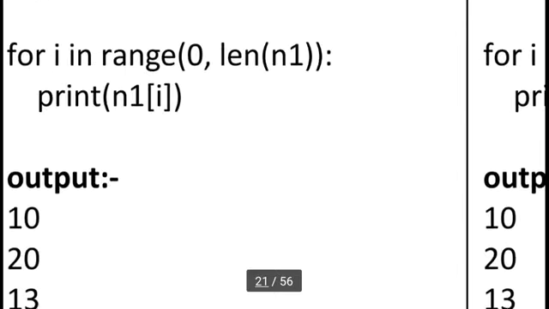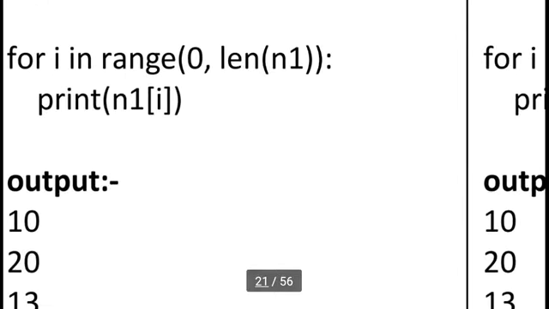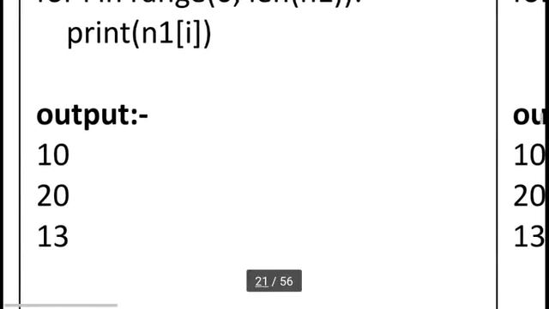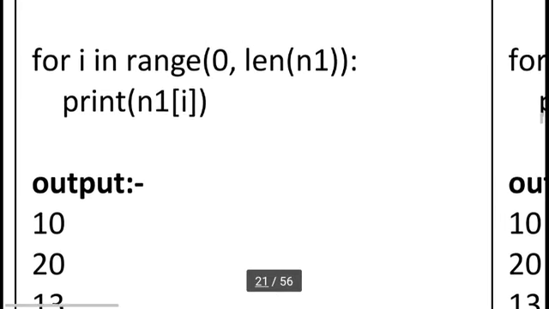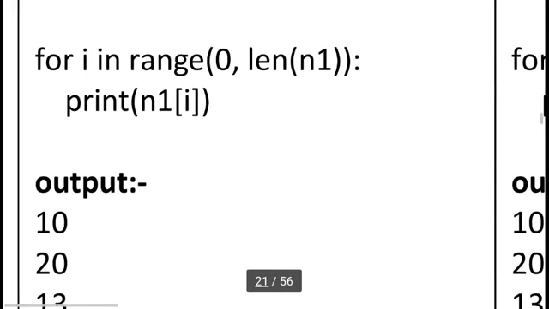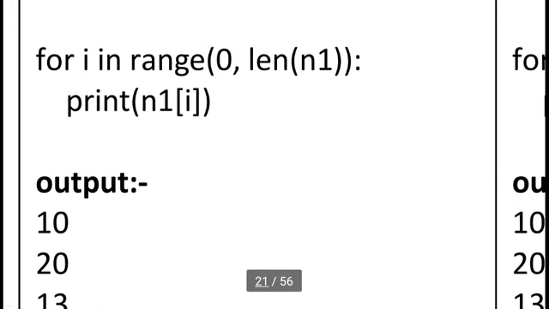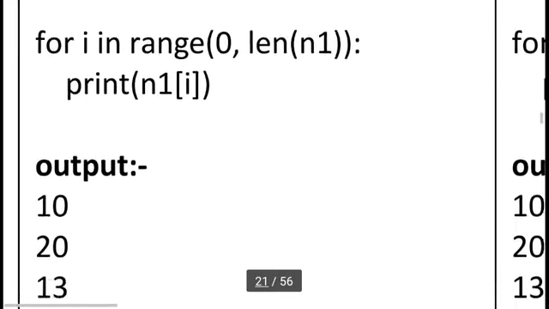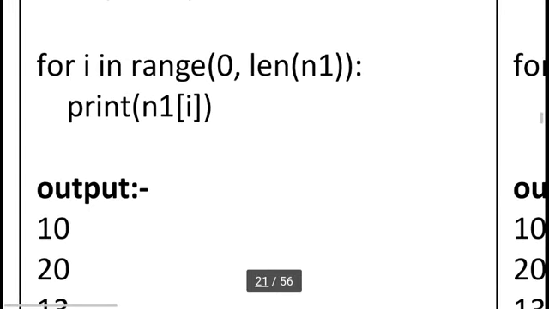Here I am using n1[i], which means we pass the index value, and this loop will display 10, 20 and 30. The first 0 is stored in i, then print n1[i] means n1[0], so at position 0 the value is 10. The loop starts again, the next element is 1, so i holds 1 and n1[1] gives 20. In this structure you can display each and every element.